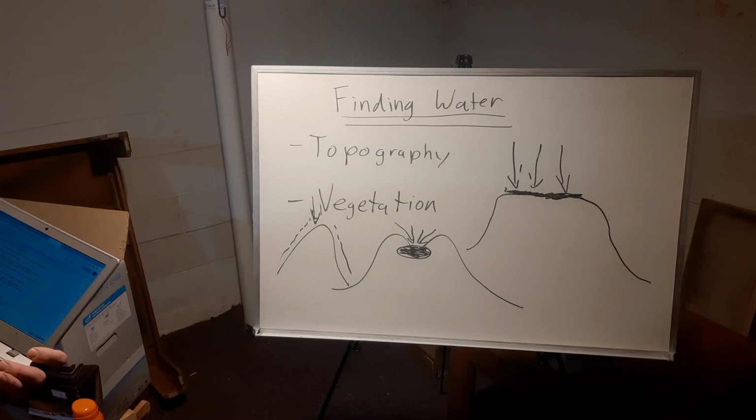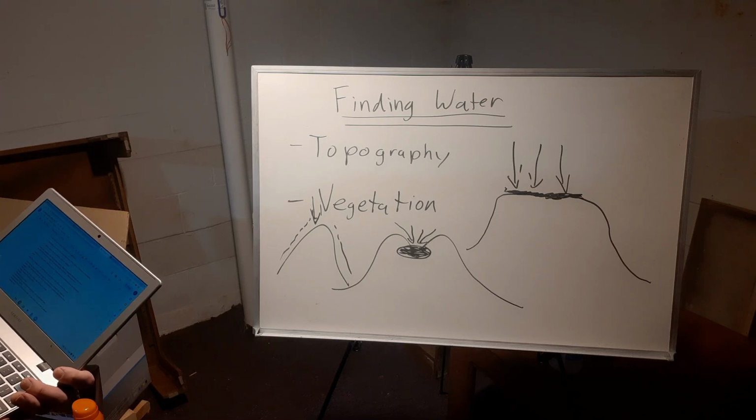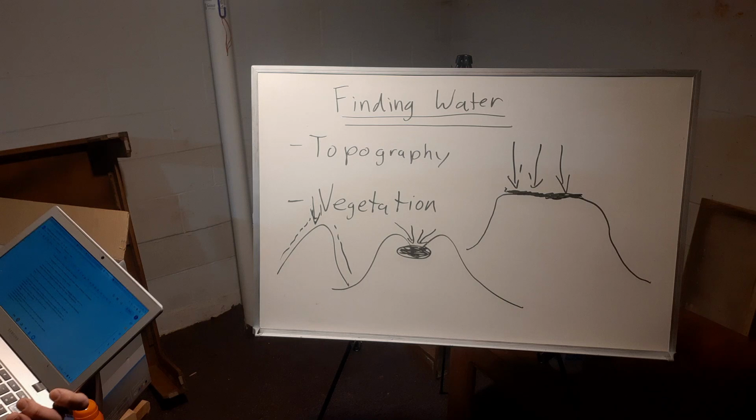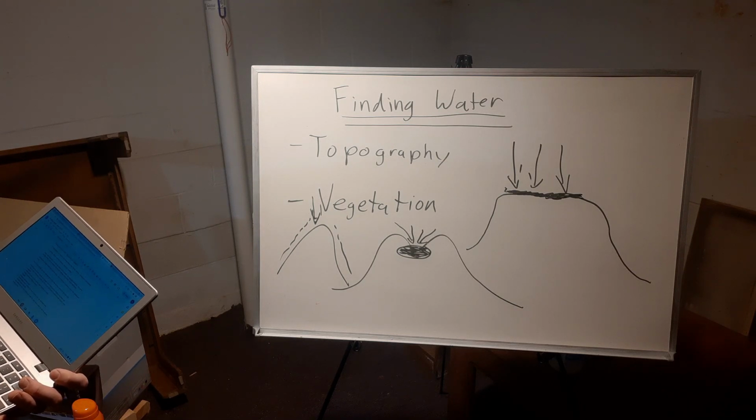You can walk through some vegetation, and your rag or shemagh or bandana, whatever, it's going to absorb the moisture, and then you can just wring it out into a canteen.